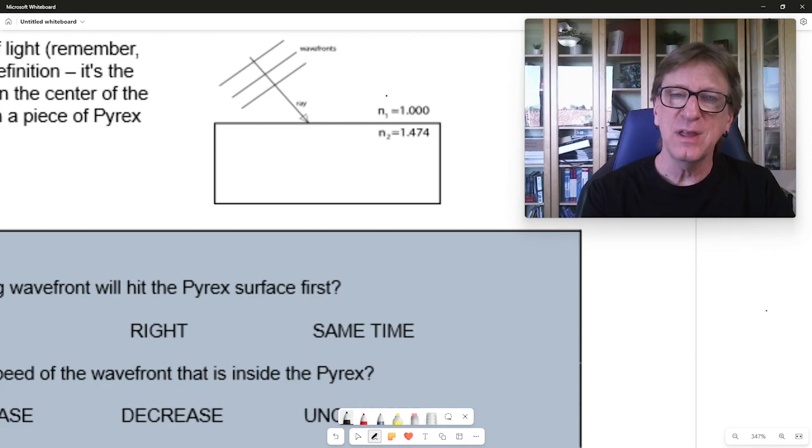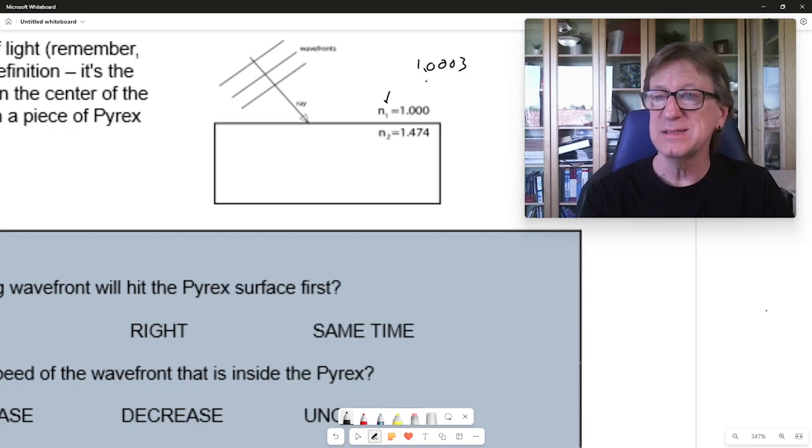So out here in air, if this were in vacuum, it would be exactly 1.0000. Now, in air, it's about 1.0003. So air is actually just a little bit more dense than a vacuum.